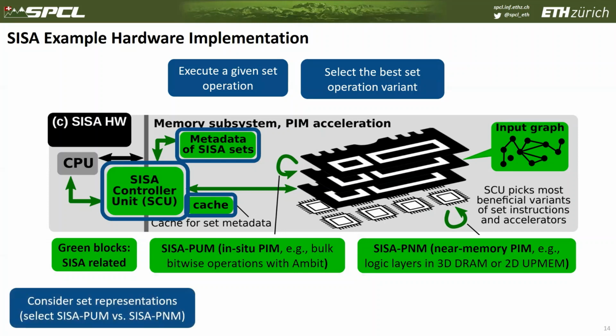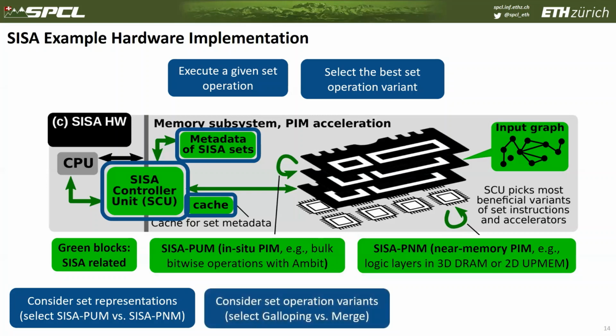Now, one selection that we are going to conduct in the SCU is based on the set representation of the given two sets. So in this part, the SCU is going to select whether we execute, for example, the intersection of two sparse arrays using SISA PNM, or the intersection of two dense bitmaps using the SISA inside memory execution.